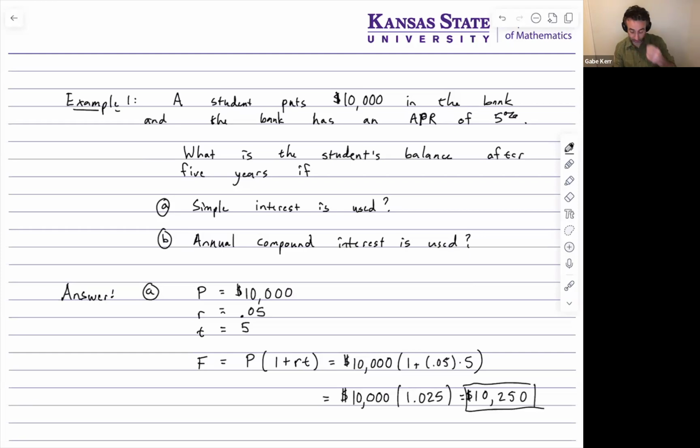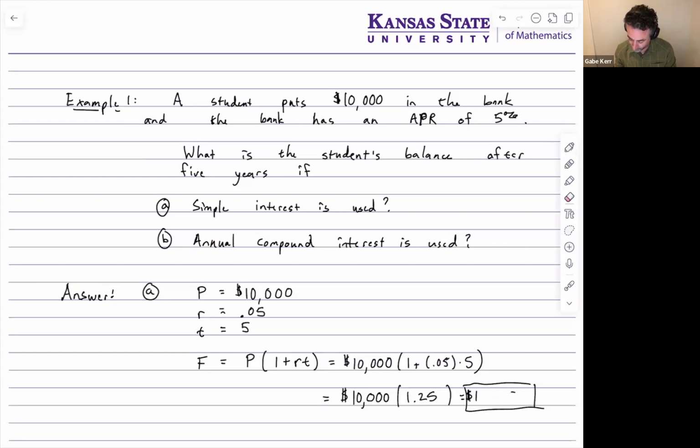So the student over a period of 5 years gets, oops, I made a mistake. Pardon me. It's not 0.25, it's 1.25. Excuse me on that.